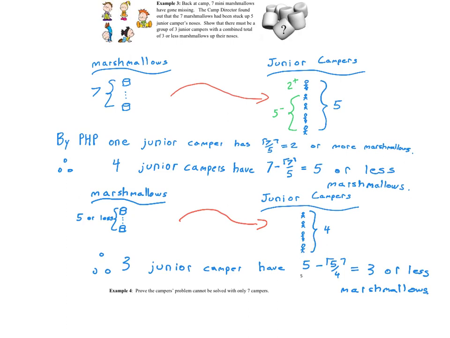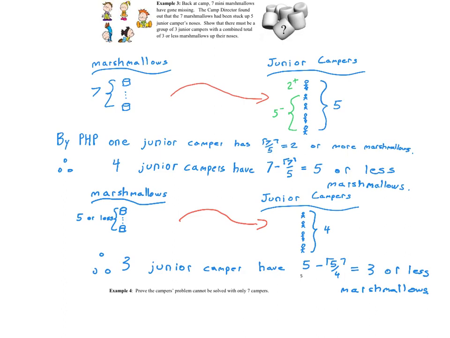But the or less statement is still perfectly valid, because the largest possible number that could fly in is 5, and this number can only go down. So this number here could be 3 or less, or 2 or less, or 1 or less, but 3 or less is still perfectly valid in all of those cases to cover them all.